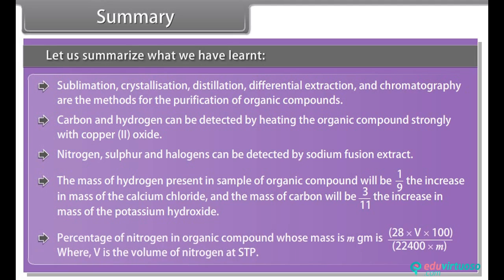Percentage of nitrogen in organic compound whose mass is m gram is 28 × V × 100 / (22,400 × m), where V is the volume of nitrogen at STP.